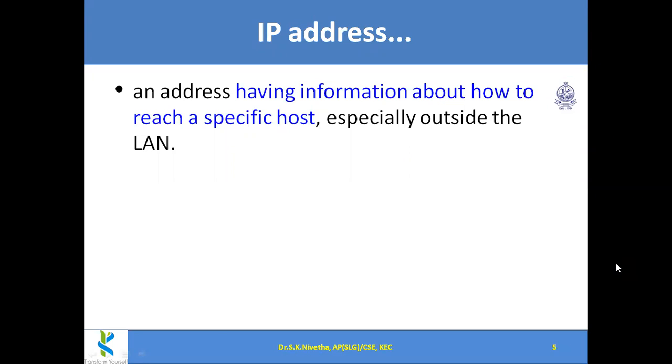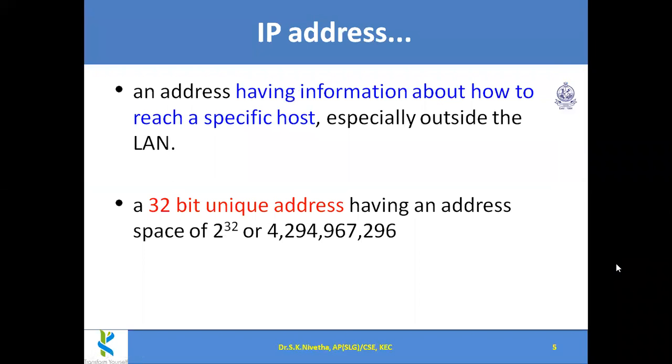An IP address is an address that has information about how to reach a specific host. Host here means a computer. Within a LAN, the MAC address is enough to identify a host, but outside the LAN we necessarily need the IP address. Then only we can identify that particular host.